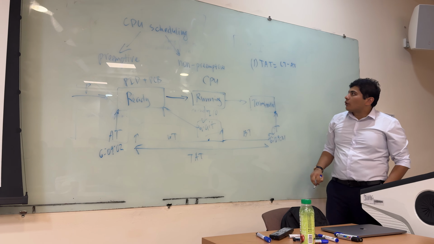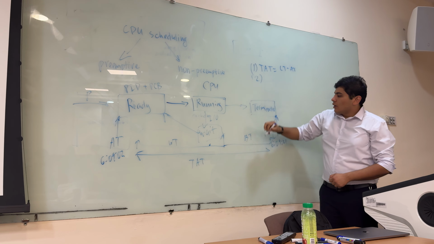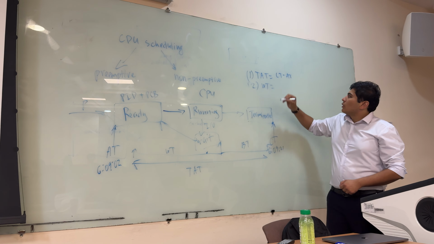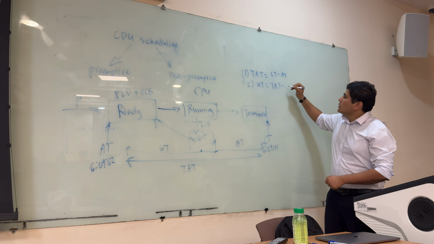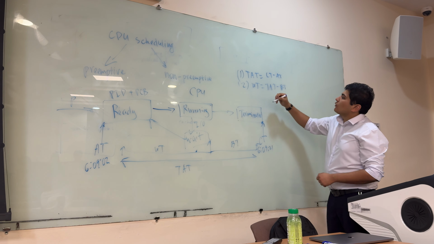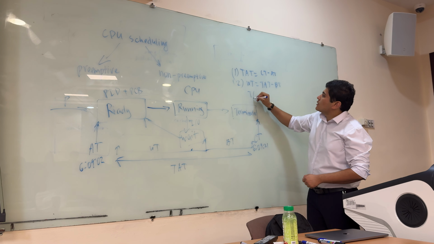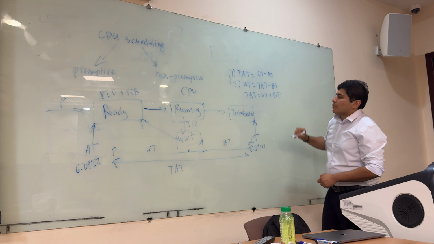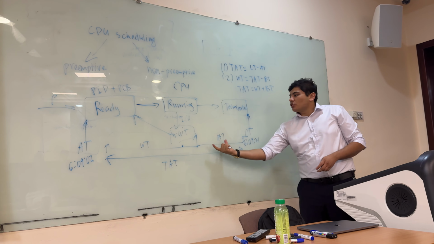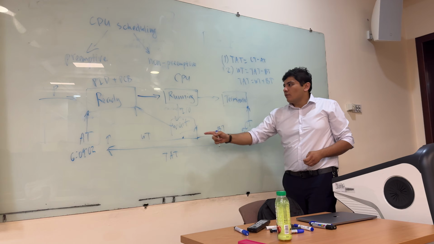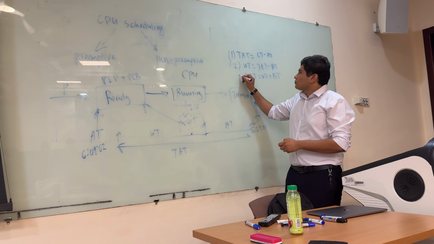The second formula: if you want to find, for example, waiting time, what you need to do is TAT minus BT. Or if you put the BT on the other side, TAT is equal to WT plus burst time. What was the burst time? The burst time is how long your process will be inside the CPU, right? And the waiting time is just the remaining time.